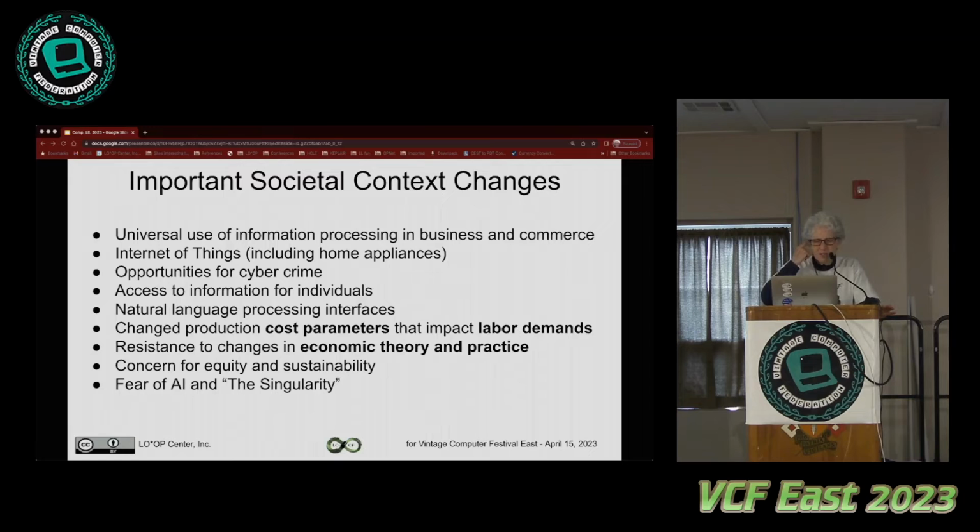One of the other issues that I think is very important for us to look at is that all of us were brought up with classical economic theory. I expect in this room everybody was brought up with a capitalist market economy model.